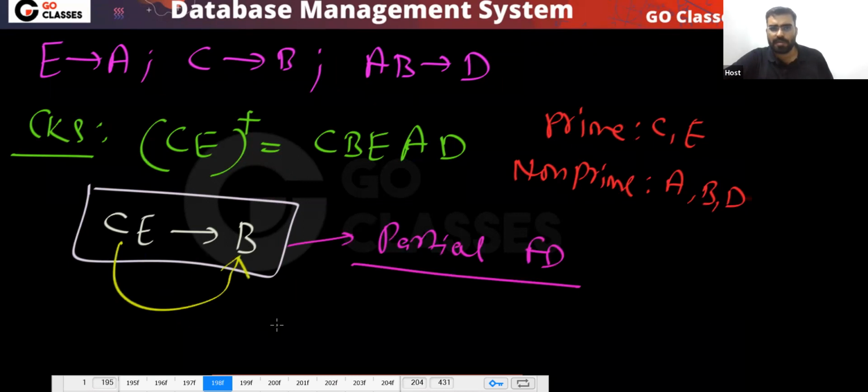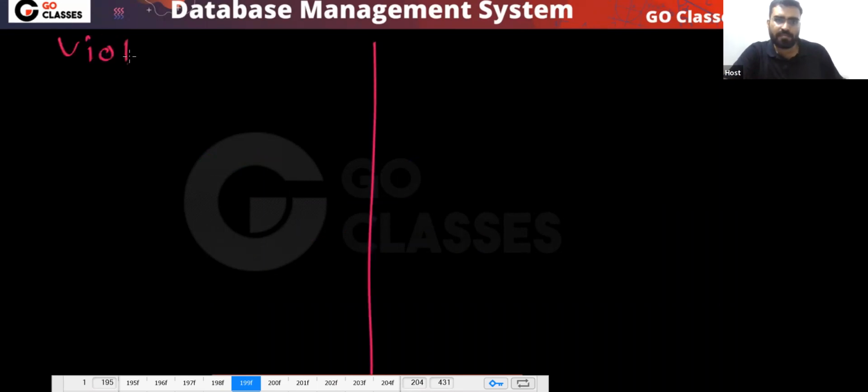Okay, is this clear to everyone? Please tell me. Don't confuse between these two. Both are the violation of 2NF. Remember, what is the violation of 2NF?